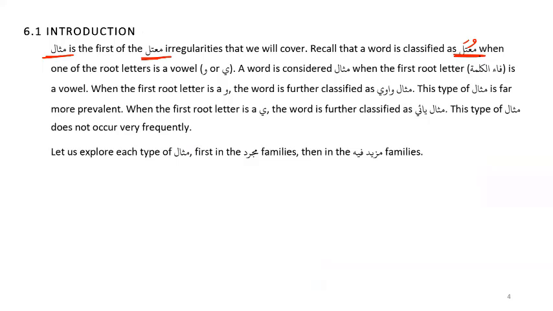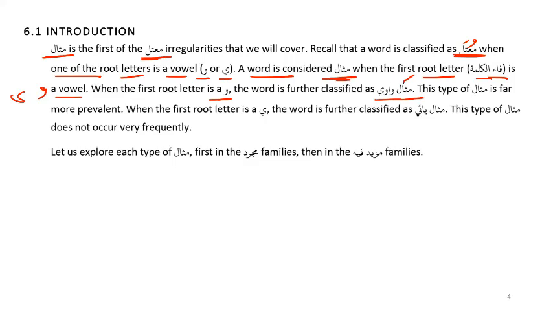Recall that a word is classified as mu'tal when one of the root letters is a vowel, either waw or ya. A word is considered mithal when the first root letter, which is the fa kalima, is a vowel, so either waw or ya. When the first root letter is a waw, the word is further classified as mithale wawi.